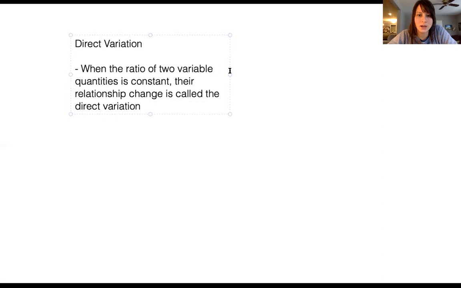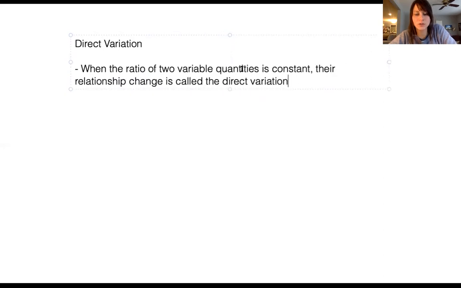So meaning if the ratio of the 2 variable quantities are consistent, so it's really saying there is a proportional relationship where the change of the y over the x is consistent, then we call it having a direct variation.